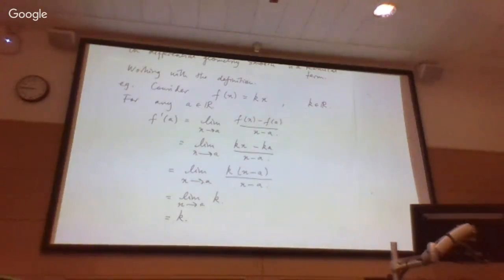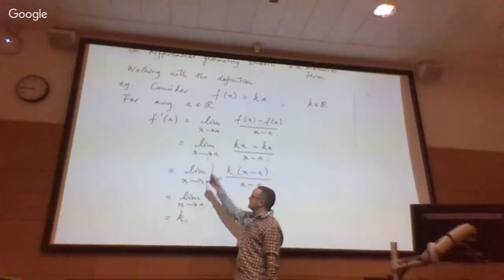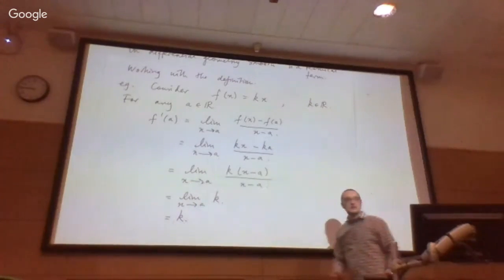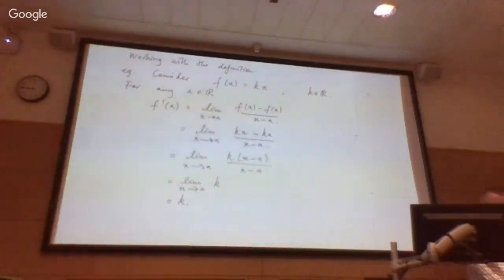That agrees with our intuition that, because the graph of this function is a straight line, tangent lines to a straight line will always be the same line themselves. And so the derivative does always come out as equal to k. That's our first example. We might look at another example.